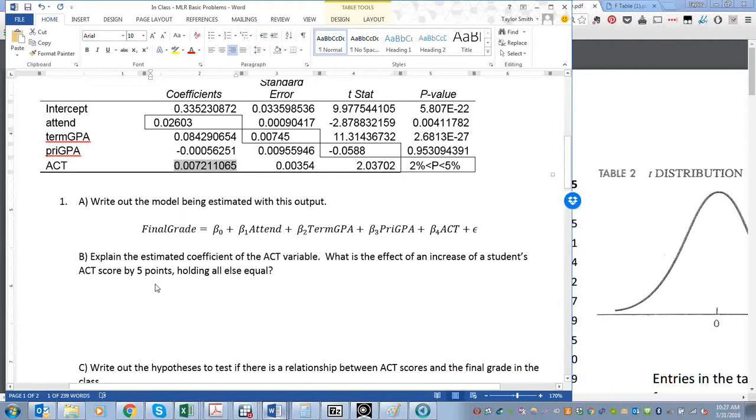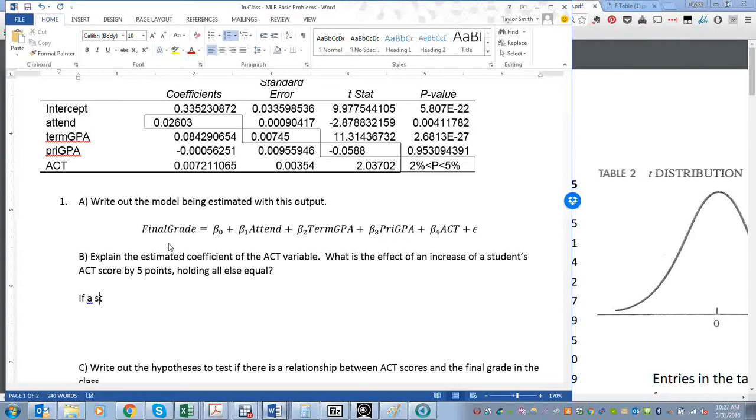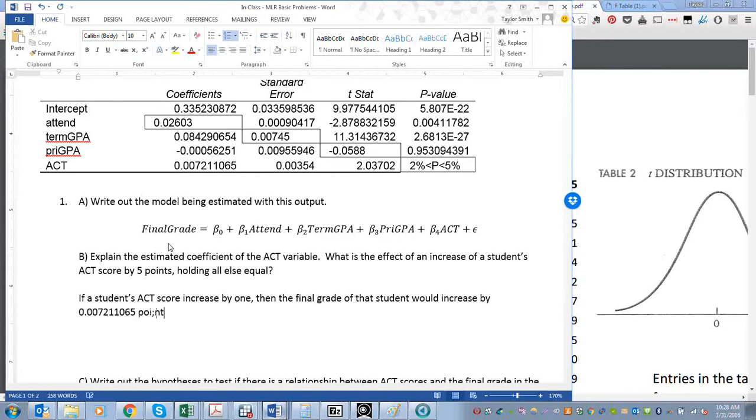So the interpretation would be: if a student's ACT score increased by 1, then the final grade of that student would increase by 0.007211065 points on average.